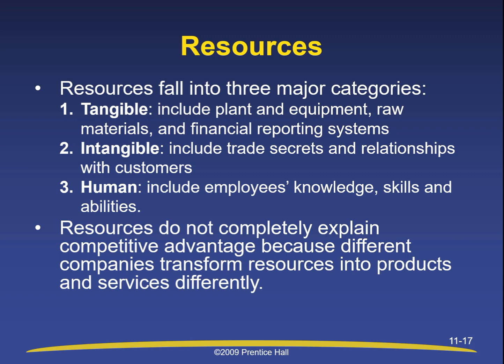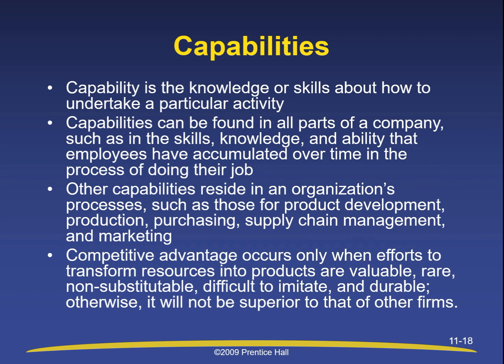Resources do not completely explain competitive advantage because different companies transform resources into products and services differently. Capabilities. Capability is the knowledge or skills about how to undertake a particular activity.